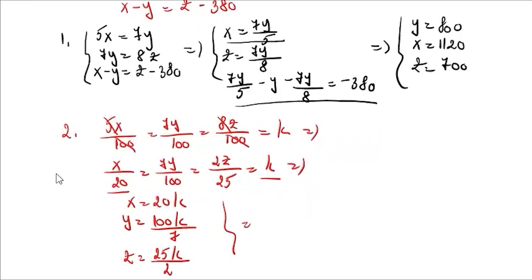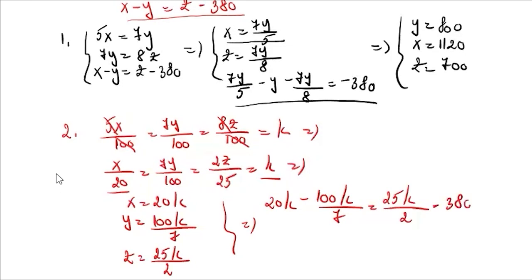I replace these values in the second equation above, and we get 20k minus 100k over 7 equals 25k over 2 minus 380.